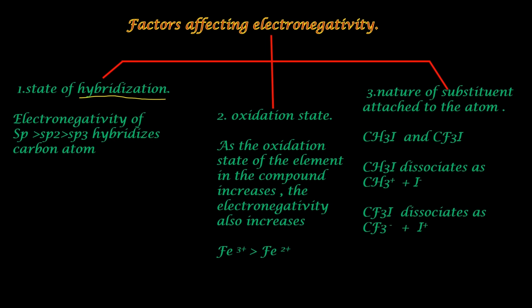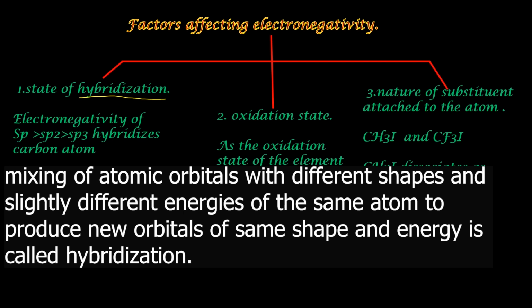Hybridization is a term used to explain chemical bonding in certain compounds, that is, to explain how the molecule of that compound is formed. As per the concept of hybridization, the atomic orbitals of slightly different energy levels of the same atom get mixed up to produce molecular orbitals at the time of formation of molecules of compounds, and the orbitals which are newly formed will have the same shape and energy.